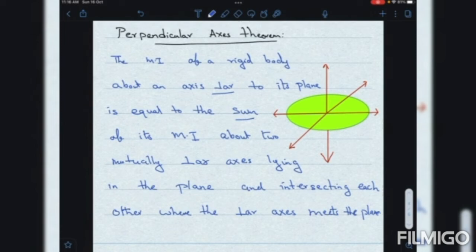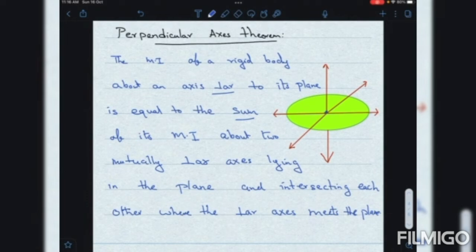Where are they lying? In the plane, and they must intersect each other, at the point where the perpendicular axis also meets the plane.